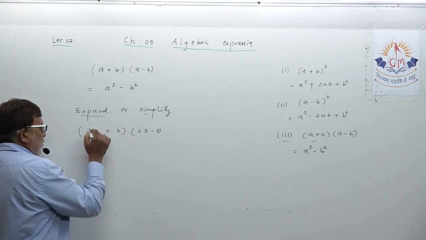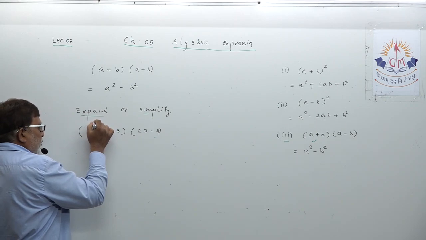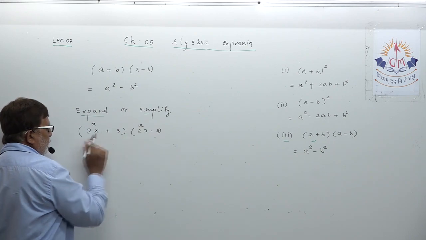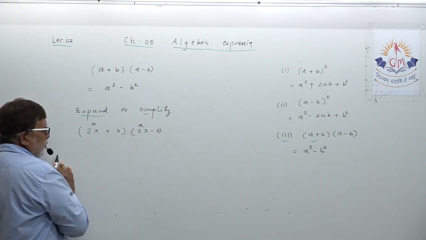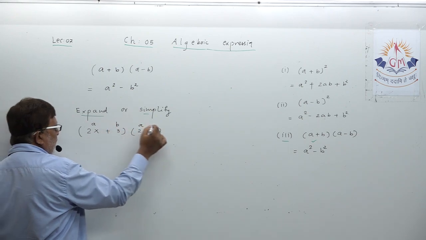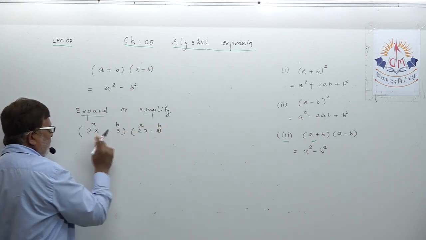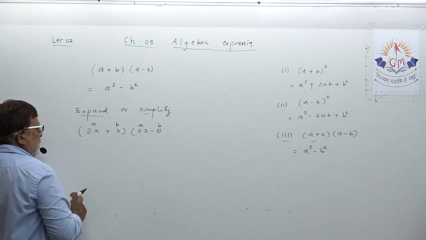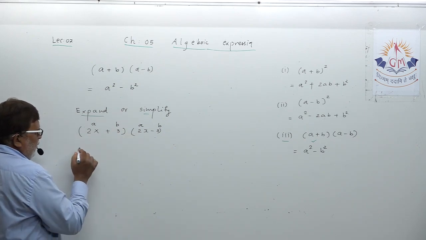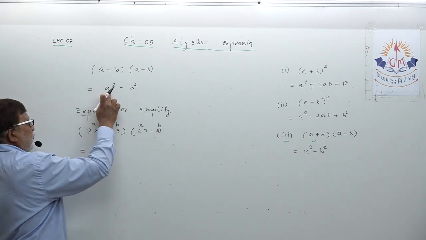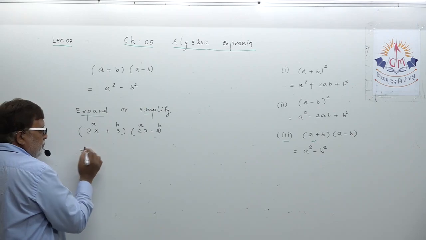So dear student, you have to consider in both brackets the first term is a, in both brackets the second term is b. So this is looking like a plus b, a minus b. Okay, what is the answer of this? A square minus b square.